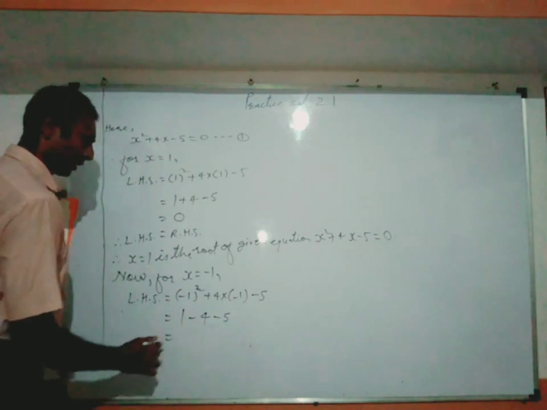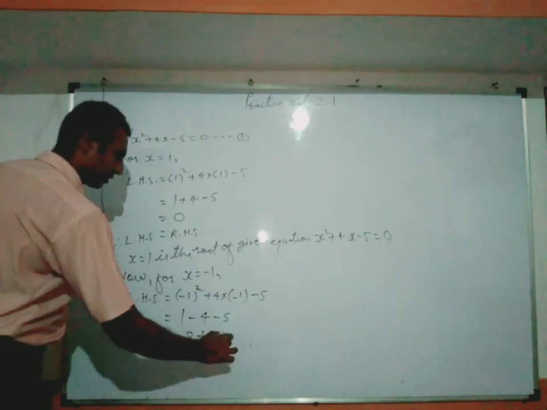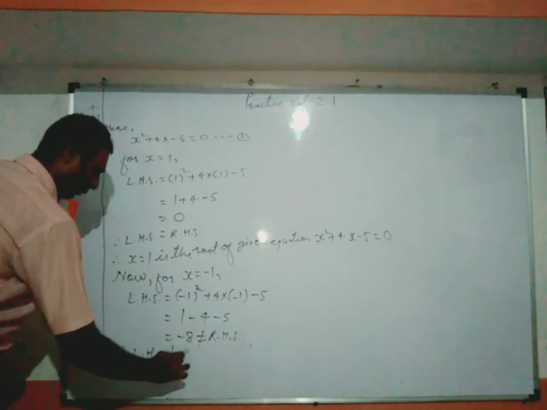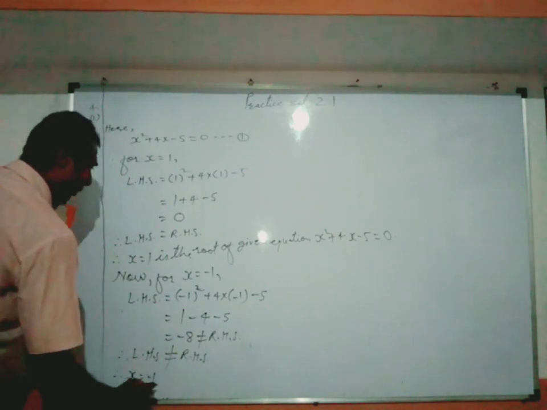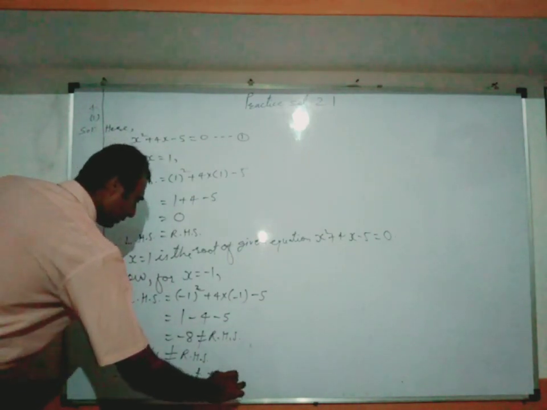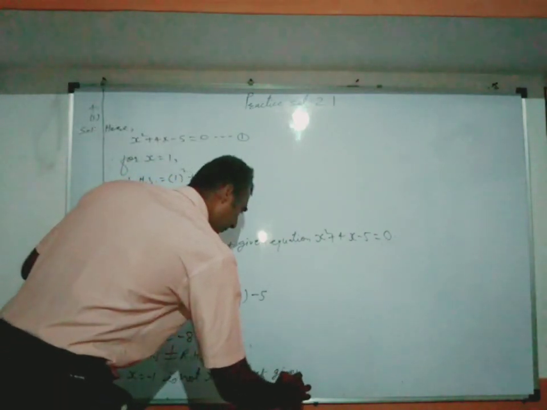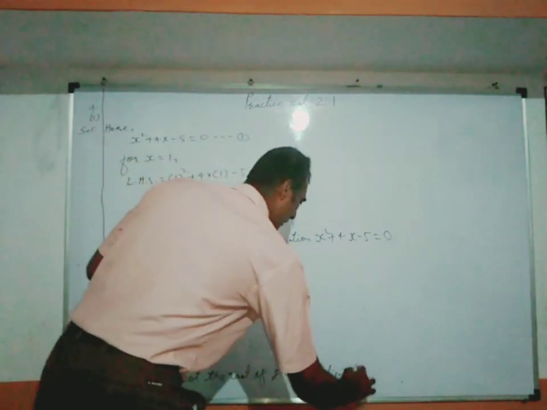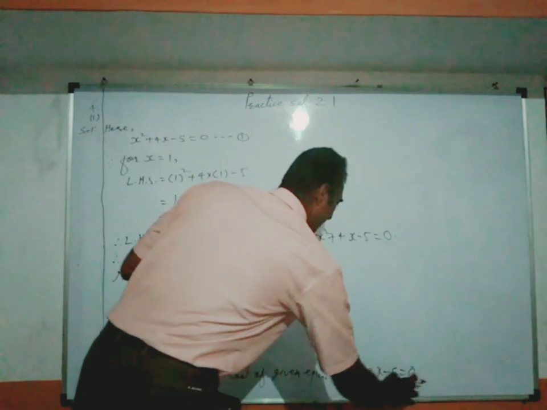Minus 9 plus 1 is minus 8, which is not equal to RHS, and therefore LHS is not equal to RHS, and therefore x equals minus 1 is not the root of the given equation. Which is that given equation? x square plus 4x minus 5 equals 0.